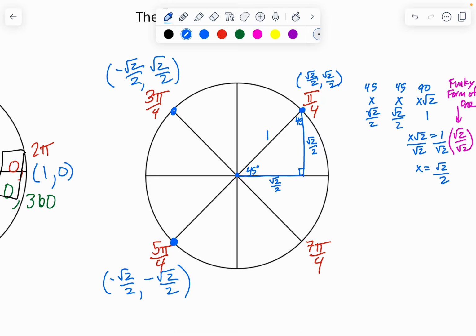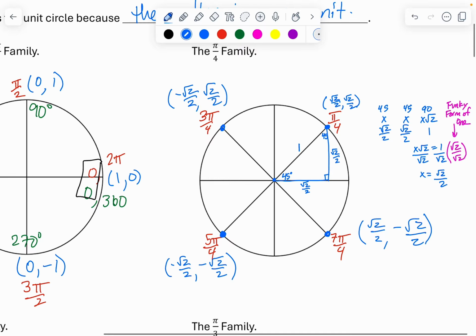Now we can think of reflecting from quadrant 1 into quadrant 4 or quadrant 3 into quadrant 4. Either way will work. This point right here has a positive x value, positive root 2 over 2, and a negative y value, negative square root of 2 over 2.